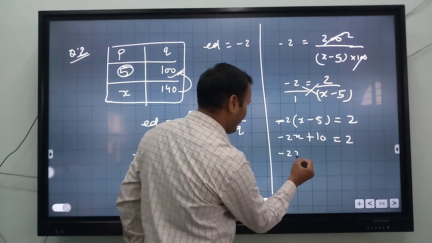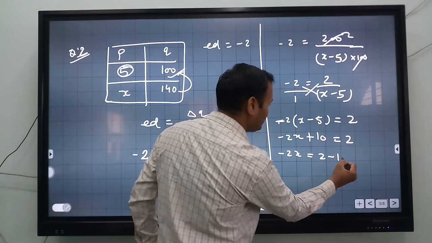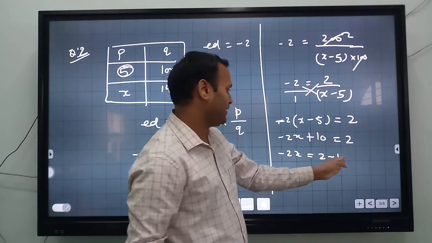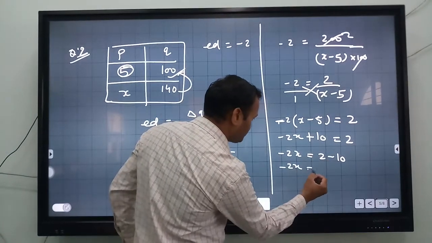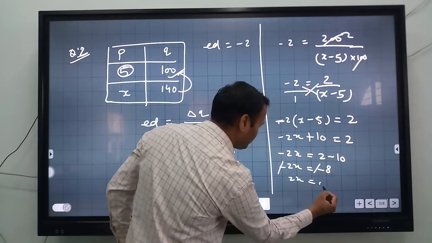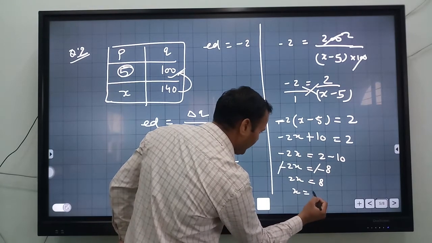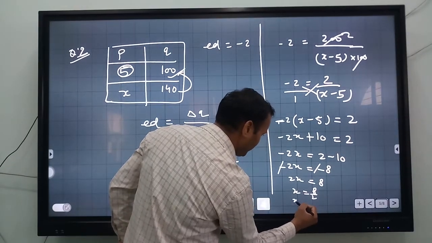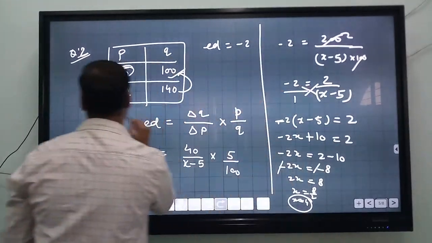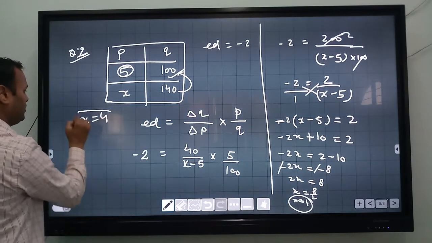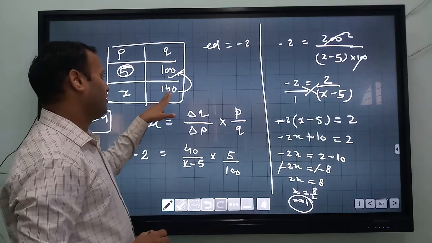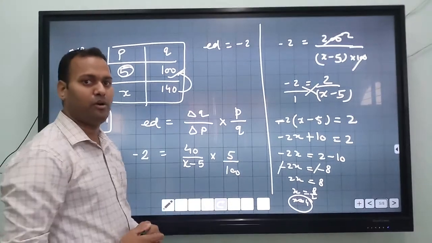So minus 2x is equal to 2 minus 10, that is minus 8. The minus cancels, so 2x is equal to 8, and x is equal to 8 upon 2, that is 4. So the new price is 4 rupees when the consumer purchases 140 units of the commodity.